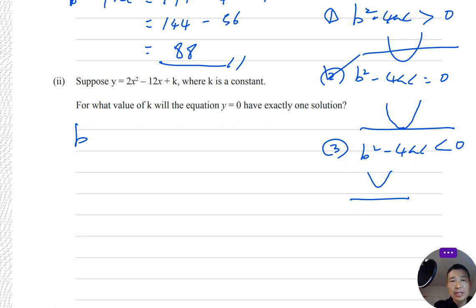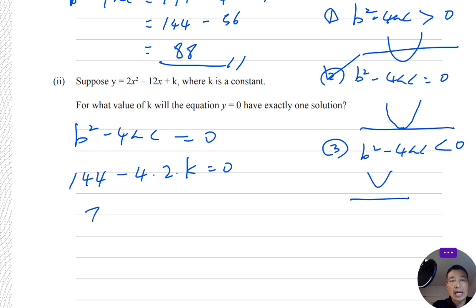As I said, b squared minus 4ac must be 0. So that means b squared, which is 144, minus 4 times a times c, which is k, should be 0. So basically this is like solving a linear equation for k.